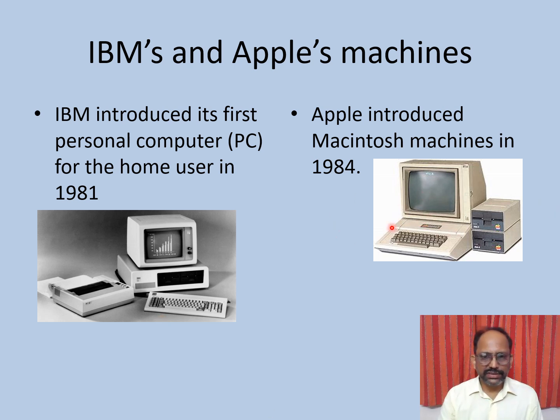Earlier to this, the use of computers was limited to very limited fields. Not everyone was using computers in those days, but when the first personal computer was introduced, the computer started entering every walk of human life.